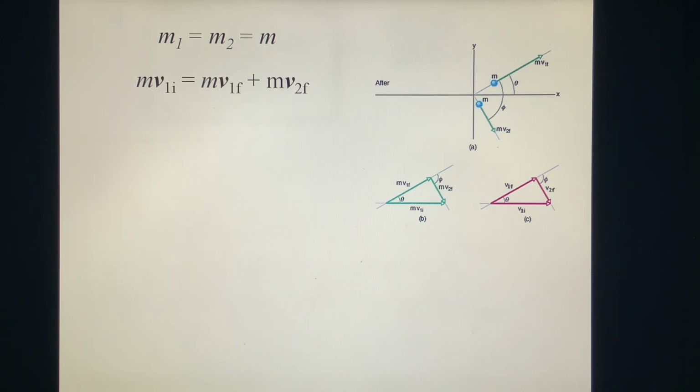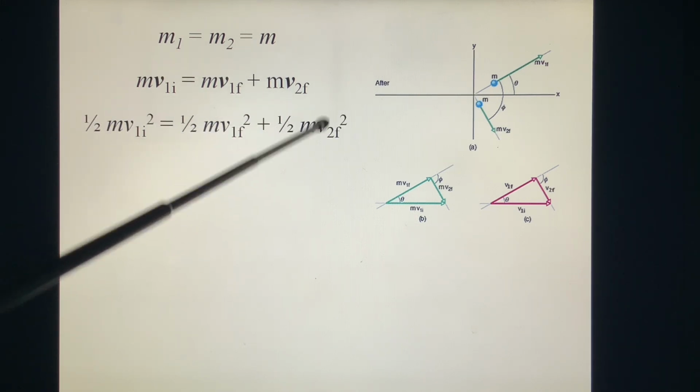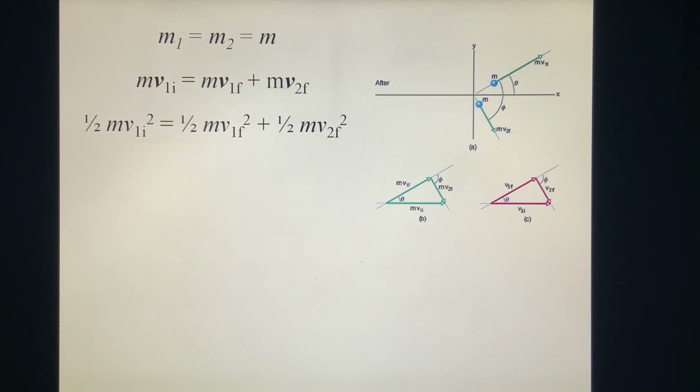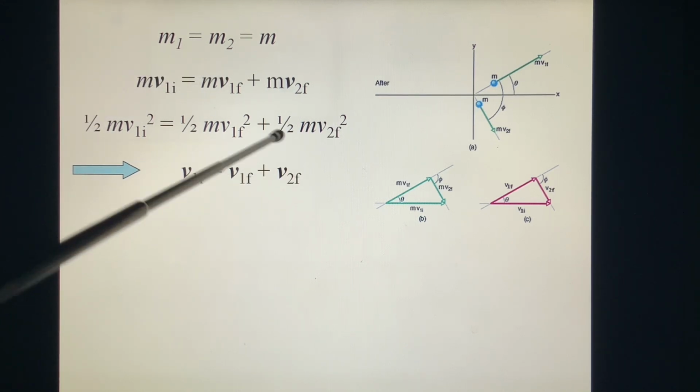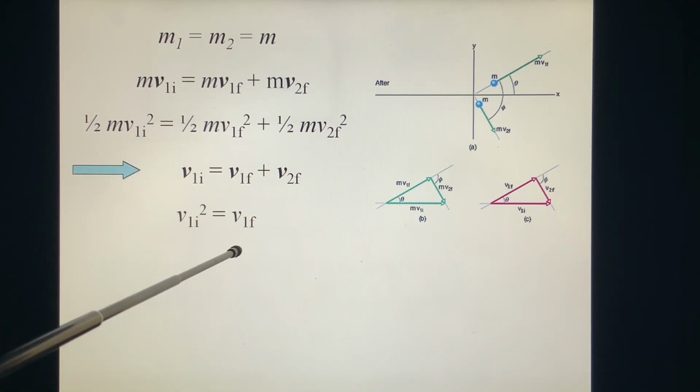Also, mechanical energy is conserved. Half M V1 initial squared equals half M V1 final squared plus half M V2 final squared. We cancel M and half M, and we get two equations. V1 initial equals V1 final plus V2 final, and V1 initial squared equals V1 final squared plus V2 final squared.